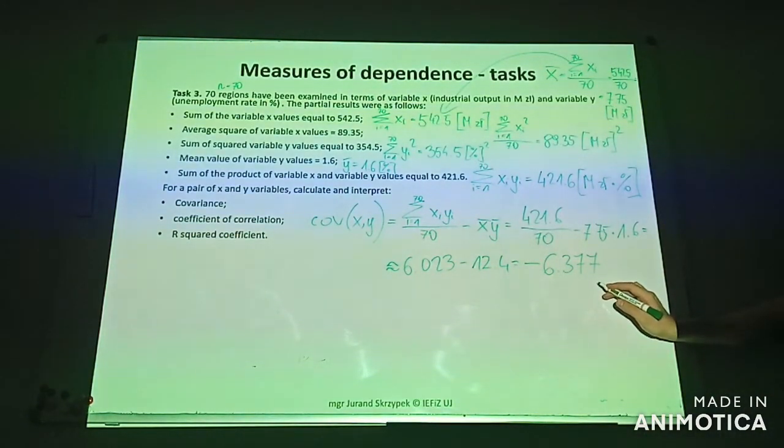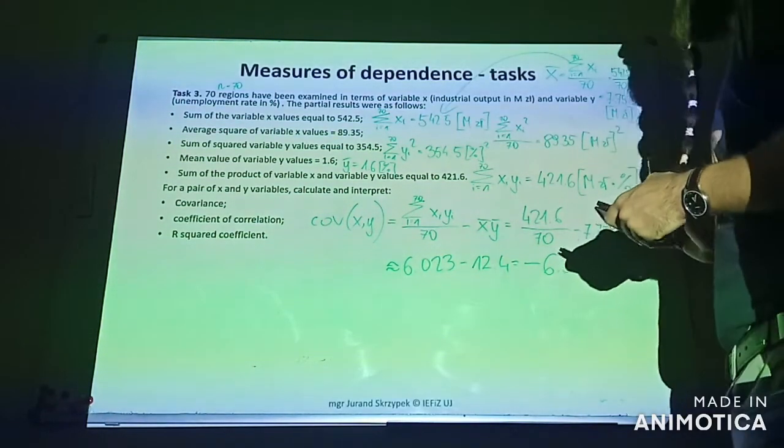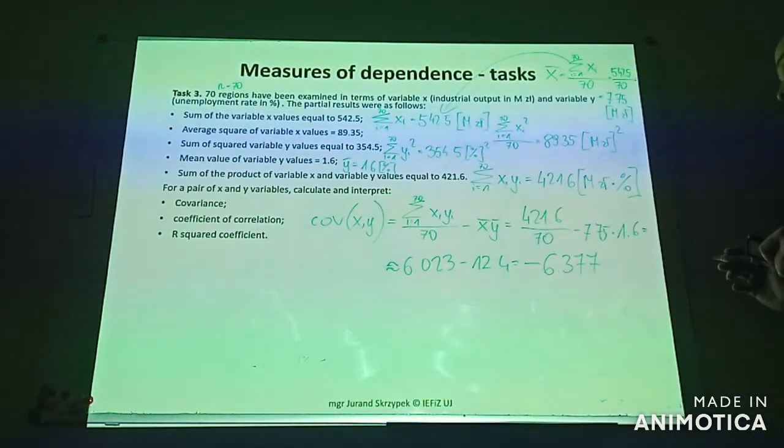It's negative, so we are dealing with a negative interrelationship between industrial output and unemployment rate in the investigated regions.